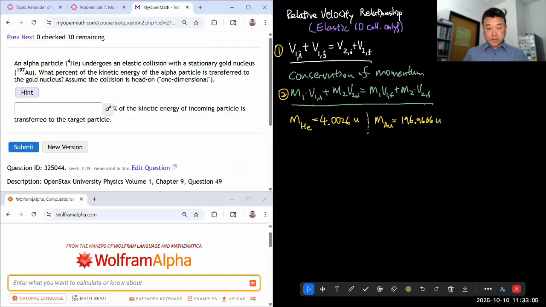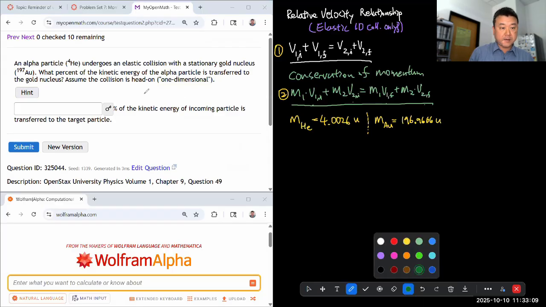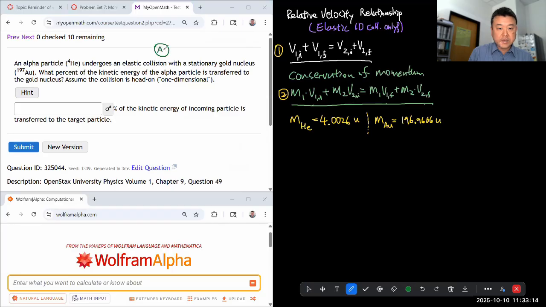So the very first thing to do is for this picture where I have a gold nucleus initially at rest. So let me say this is V2 initial, that's 0. There's going to be a helium that comes in with some velocity, V1 initial, and then they will collide.